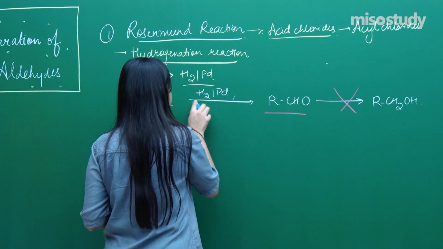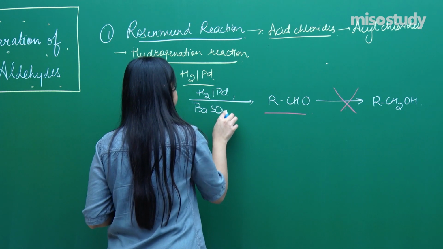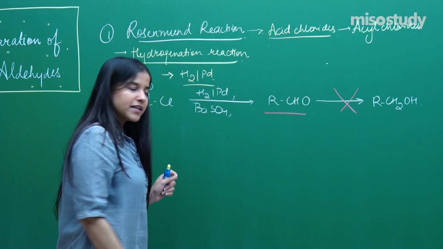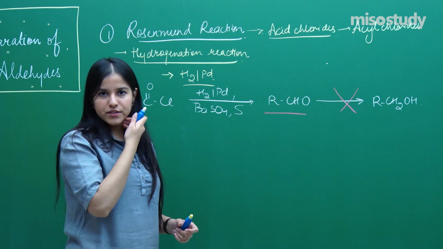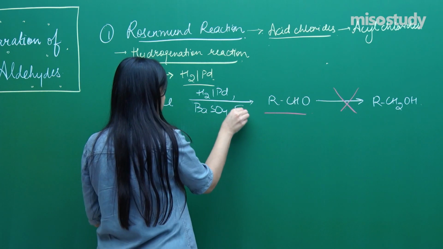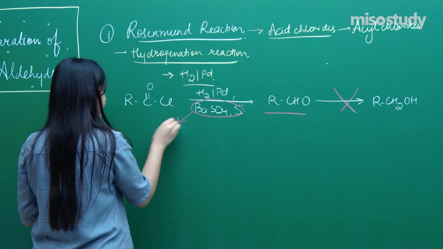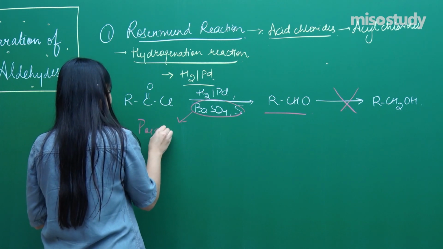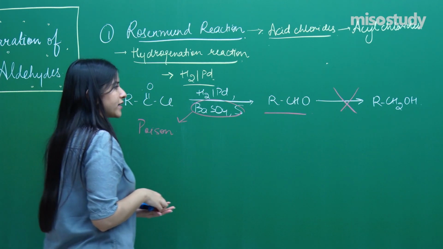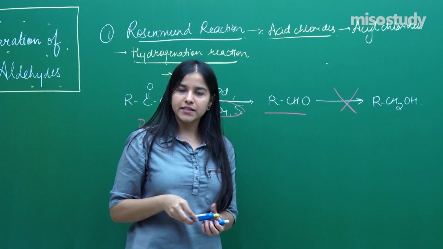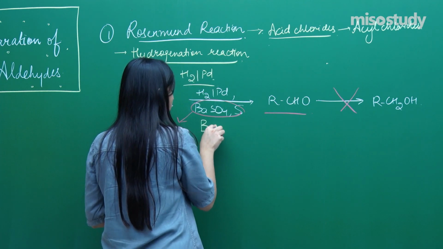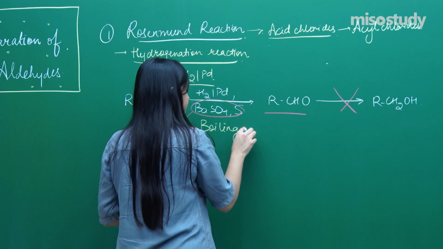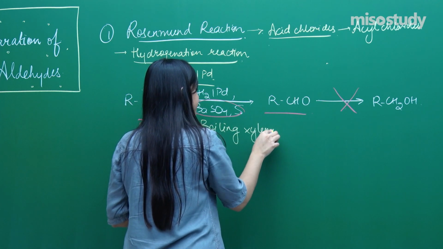The poison used is barium sulfate, in the presence of sulfur, which acts as a poison to it. And the solvent used over here is boiling xylene.